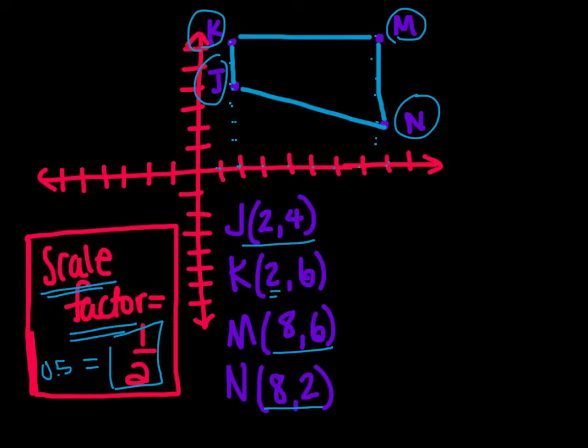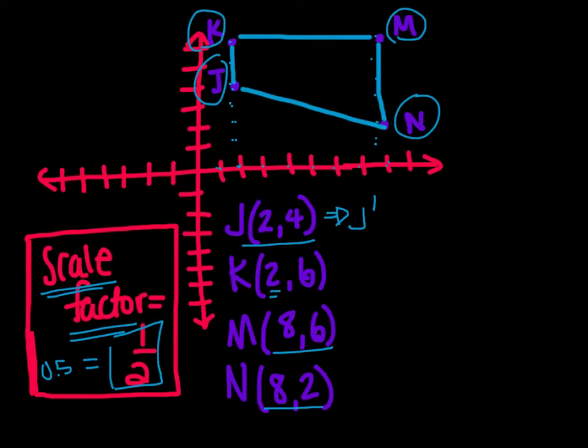So now let's use the concept of scale factor, this 0.5, and let's shrink these down. So we're going to find J prime. That little dash shows me that it's not the original J, but a changed J somehow.